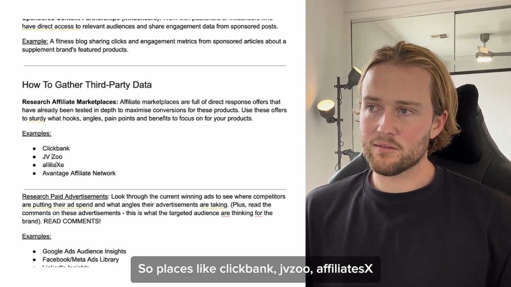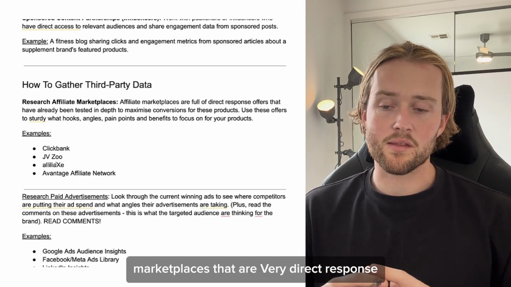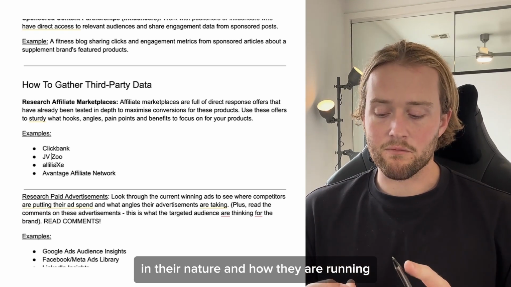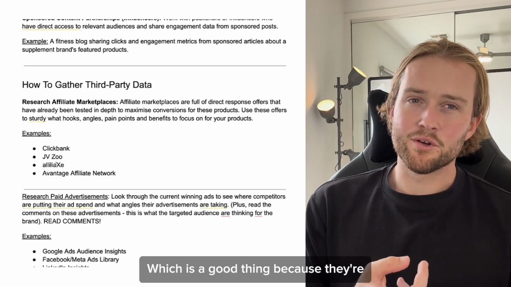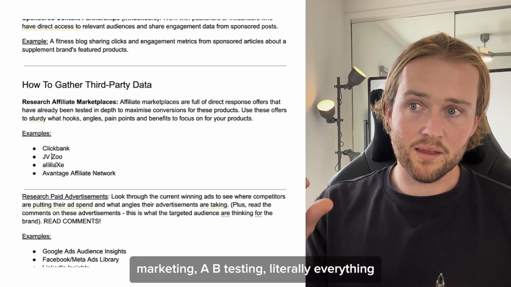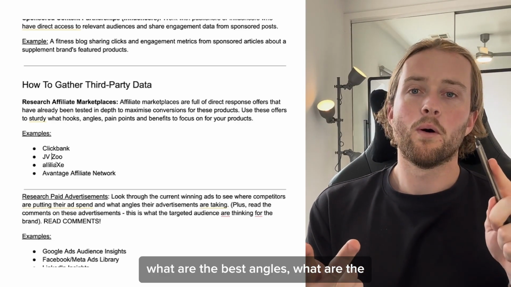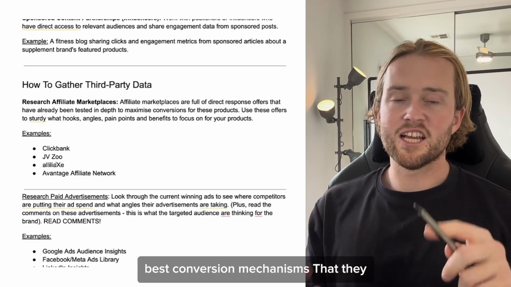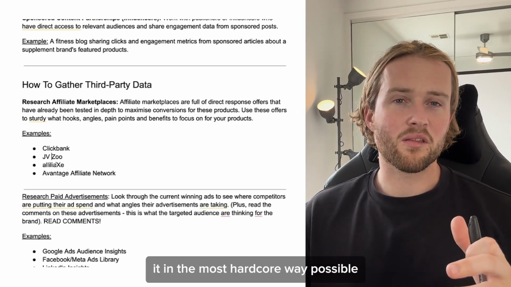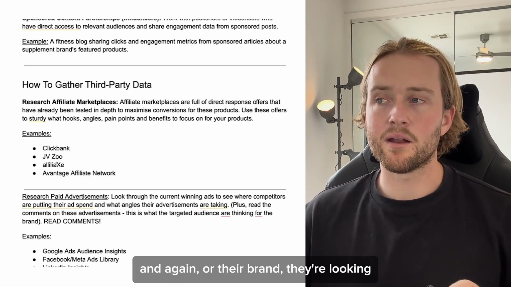So places like ClickBank, JVZoo, there are actually a ton of affiliate marketplaces that are very direct response in their nature and how they are running their marketing and their businesses, which is a good thing because they're putting a lot of spend behind their marketing, A/B testing literally everything to figure out what are the best hooks, what are the best angles, what are the best conversion mechanisms that they should be using for the products they're trying to sell. And they're doing it in the most hardcore way possible because they don't necessarily care about customers repurchasing, coming back again, or their brand.